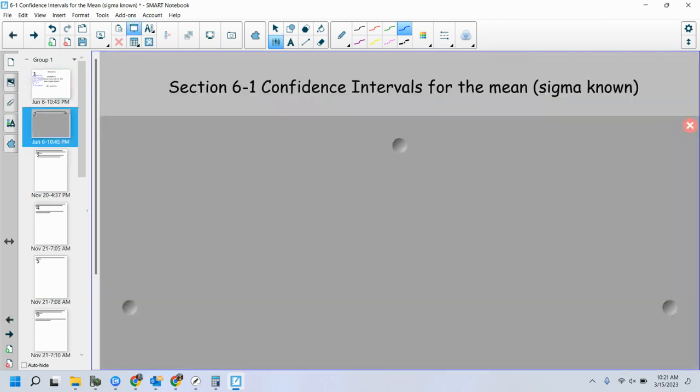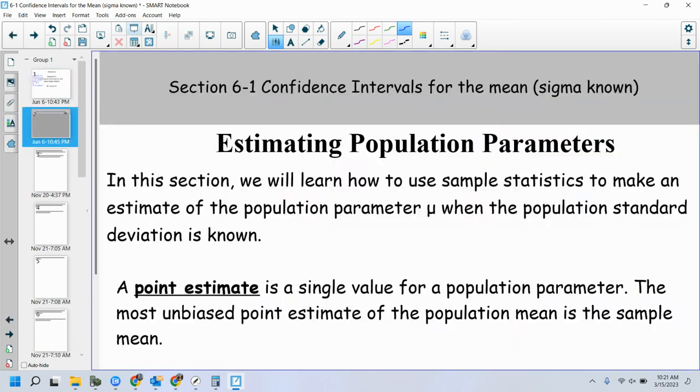All right, so let's take a look here. As the name implies, confidence intervals. We're going to be making estimations on certain parameters. We're going to be estimating population parameters. In this chapter, we only do 2 sections, but there are more than 2 sections.